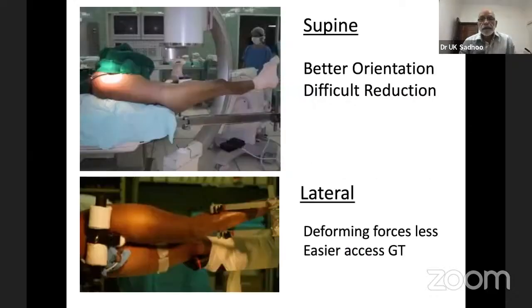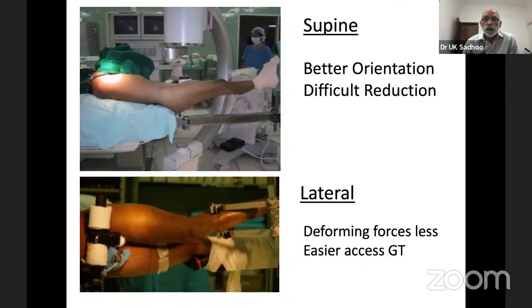As I said, there are two ways you can position the patient: supine, or somewhat lateral. There are advantages and disadvantages of both. If you put the patient in supine, you have a better orientation, plus it is possible that the patient may have polytrauma in which supine may be necessary.